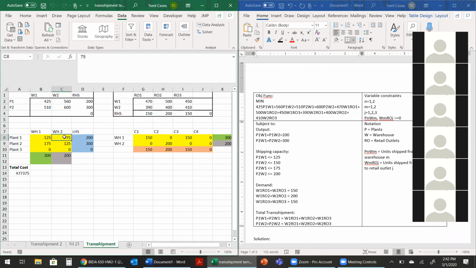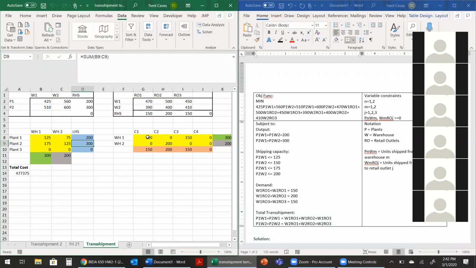And we have 75 units from plant 1 to warehouse 2. And the total output from plant 1 is 200. Plant 2 ships 175 to warehouse 1 and 125 to warehouse 2 for total output of 300.